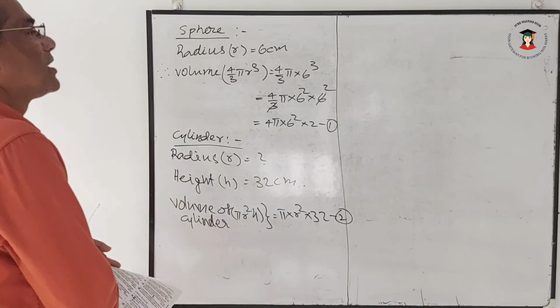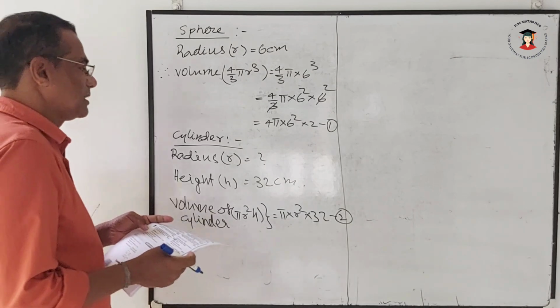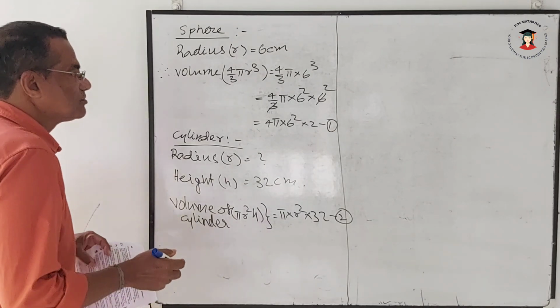Now these two volumes are equal. This is the volume before melting and this is the volume after melting. So we will equate these volumes.